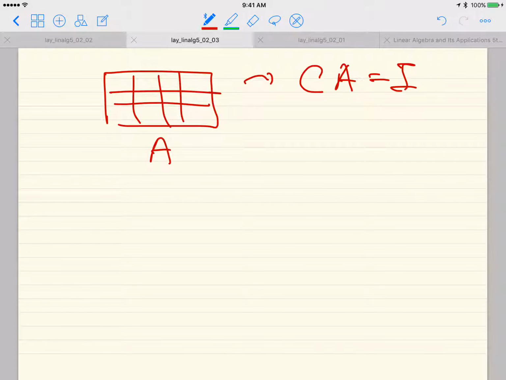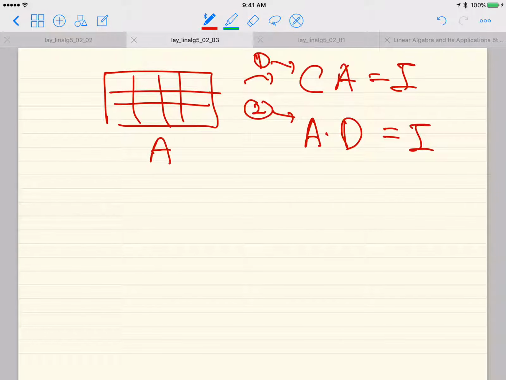Or is there any matrix, for example, let's call it D, that satisfies this? So this was the first question, and this was the second question, and the third question is, can we find a matrix C that satisfies both of them? This is a stricter condition, right? So let's try to answer those questions.